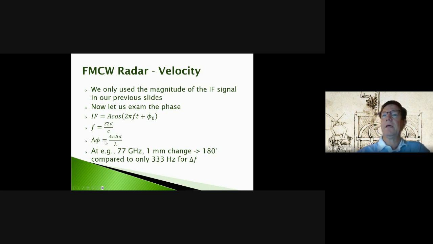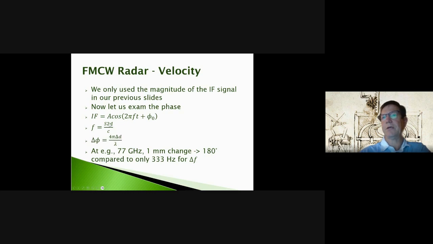Phase goes through an entire cycle in one wavelength, so there's 2 pi here. It goes through 2 pi radians in a wavelength. And so we can look at the fractional distance relative to a wavelength, which produces some phase shift.